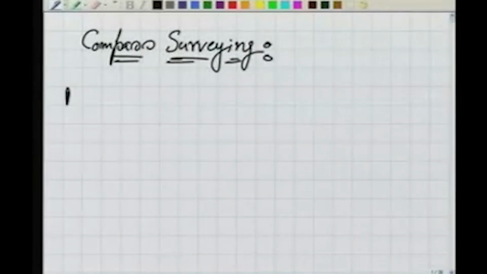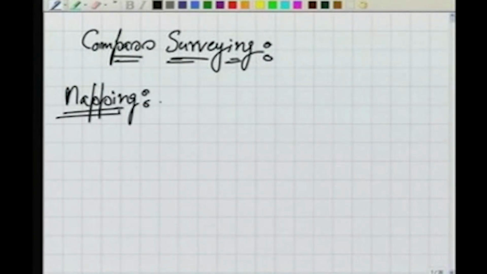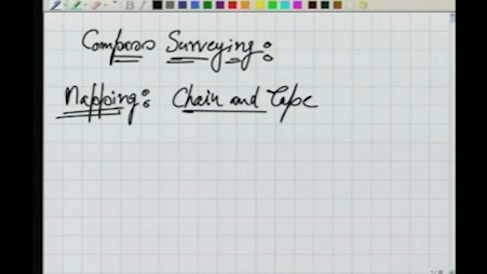Okay, so in compass surveying, we will be making use of the compass, as is obvious. But before we get into it, let us see why we really need compass surveying. Some basic concepts. Let us start talking about mapping. And we have done a map using chain and tape.